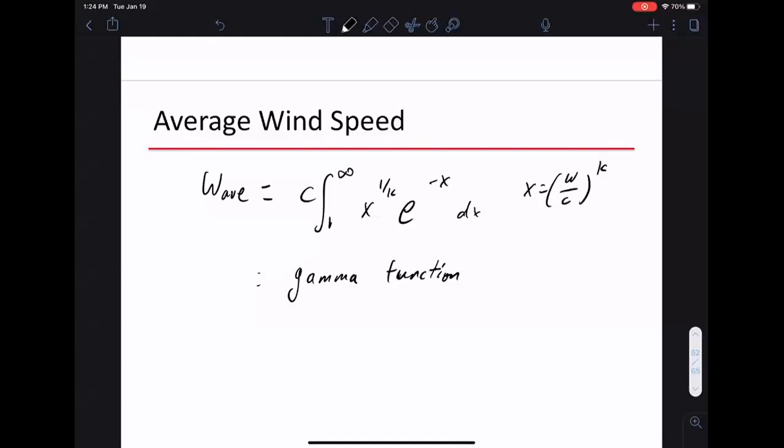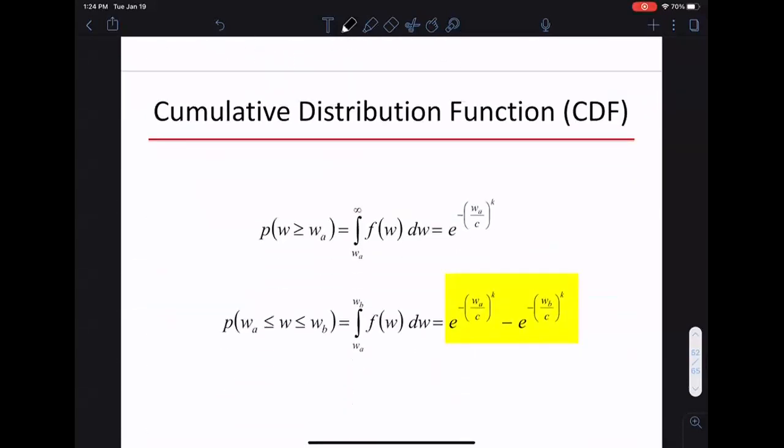Okay, so let's get started again. It turns out there are some things we can compute easily with a Weibull distribution, and one of them is the CDF function. It turns out the CDF function has an easy form, so we can integrate that fairly easily.